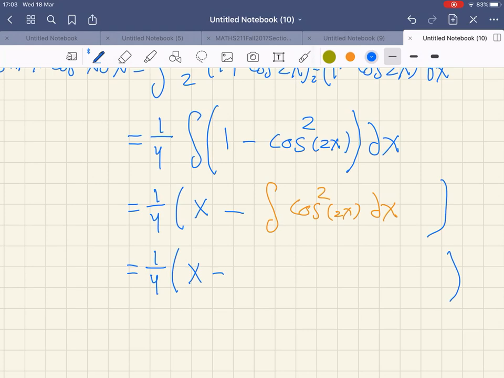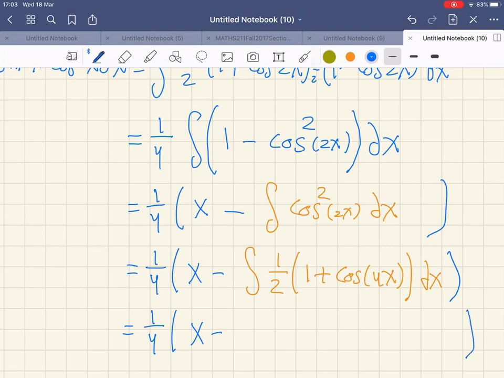Do you remember from calculus 1, if we have cosine square, again we use the double angle formula. So this would be the integral of half 1 plus cosine. Now we have to take the double of this angle. It's 2x, so it will be 4x dx. And then we just continue the same steps. x minus, that's 1.